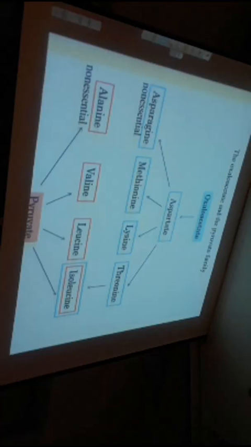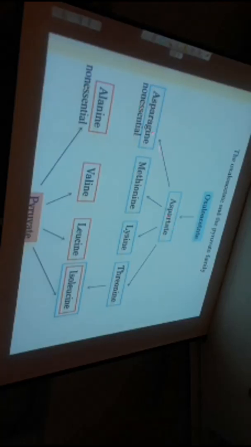I said that we would only discuss synthesis of non-essential amino acids in this class, and our discussion of the other non-essential amino acids will be rather short because we pretty much know already how they are being synthesized. So oxaloacetate, the intermediate of the citric acid cycle, can be easily converted into aspartate. We talked about this before. This just requires a transamination reaction.